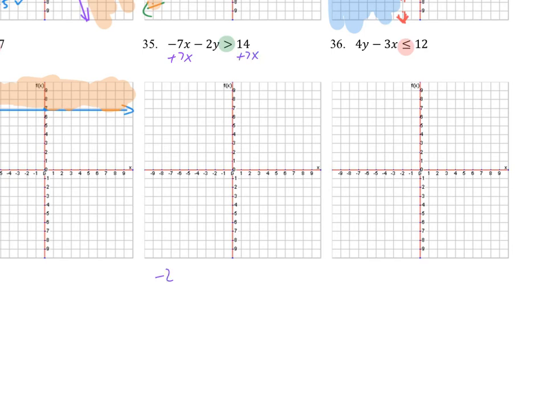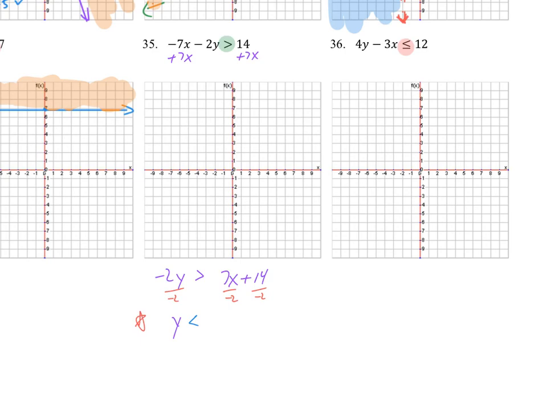So it's going to give me -2y is greater than 7x plus 14. Then I'm going to divide by -2. Make sure I divide everything by -2. So here's one of the big things. Remember, when you divide by a negative, the inequality symbol flips around. So make sure that happens. It's something that's really easy to forget, so watch out for that.